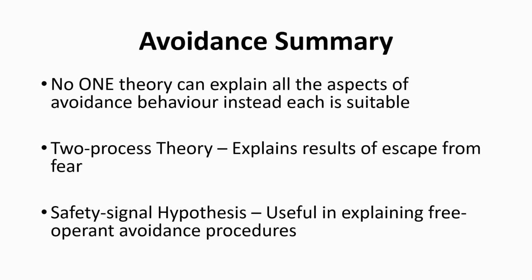All right, so with that little flub out of the way, we can move on to a summary of what we've talked about for avoidance up to this point in the chapter. We can figure out that no one theory explains all aspects of avoidance behavior.